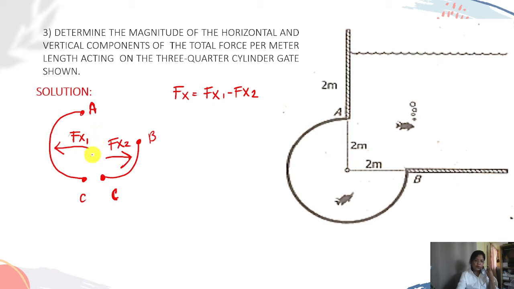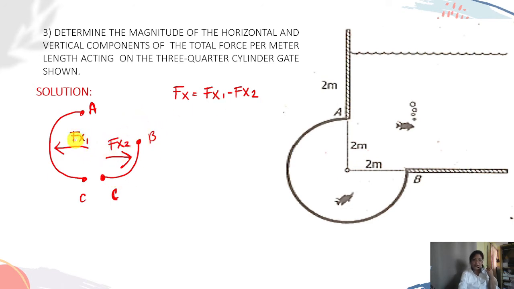Why? Because we have here a horizontal force facing to the left, and then we have here a horizontal force facing to the right. So ang kukunin mong resultant syempre is the difference between Fx1 and Fx2. So kung alin dyan yung mas matimbang, nandun yung location ng resultant.